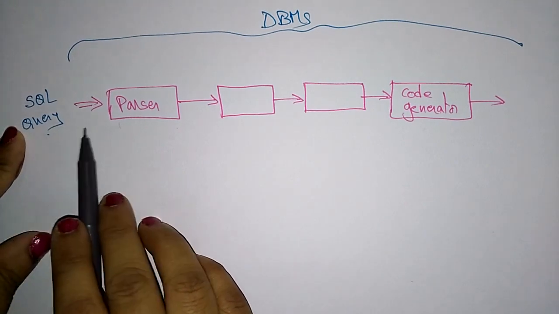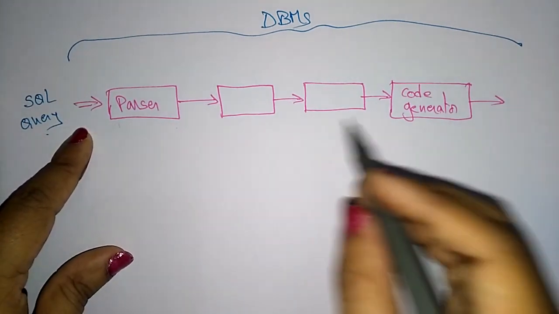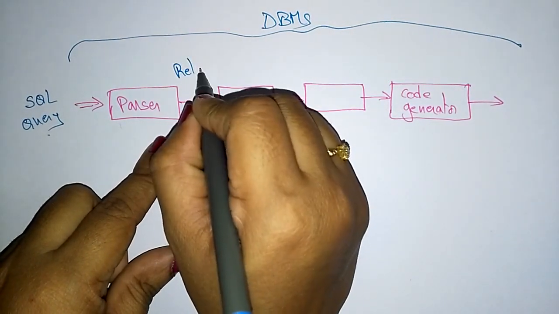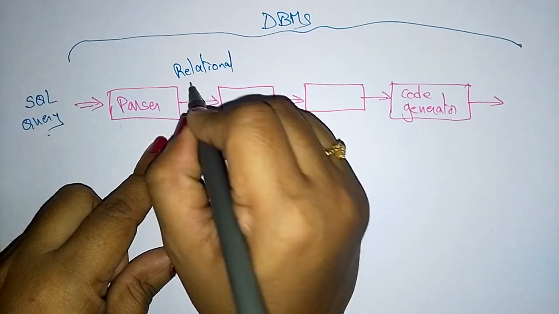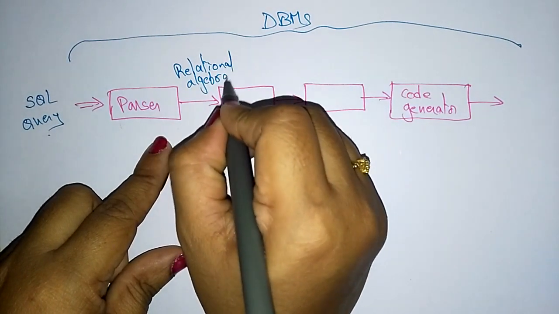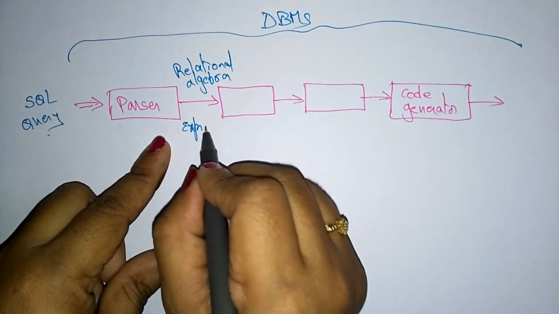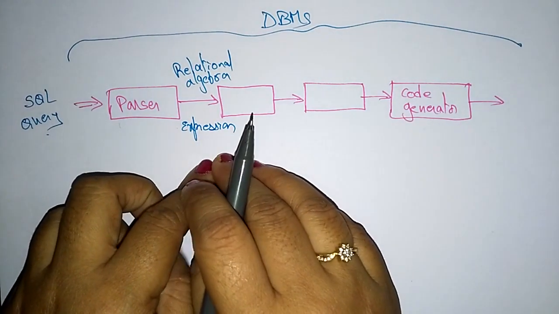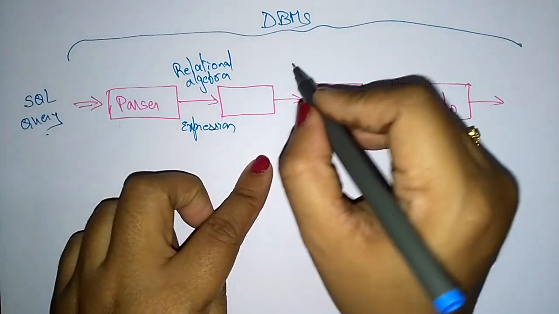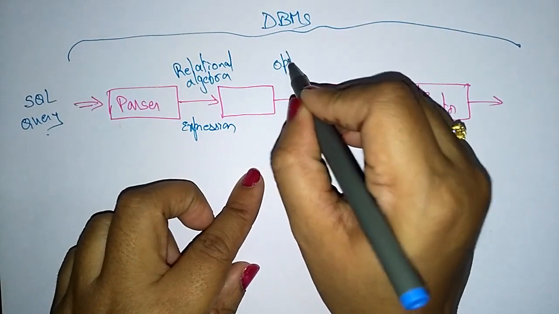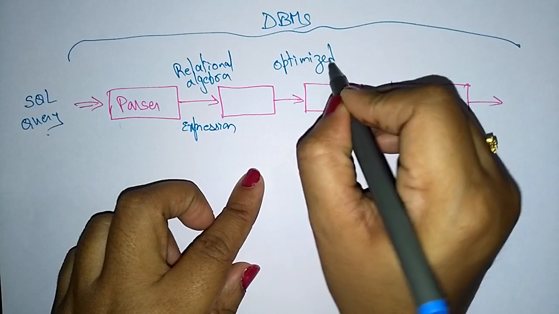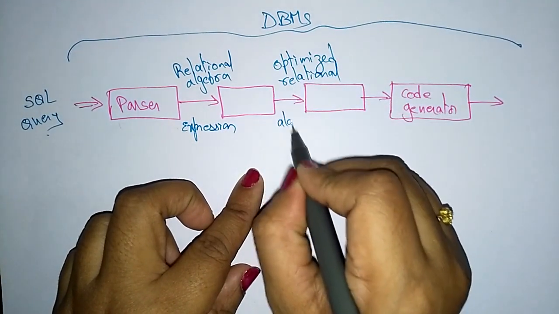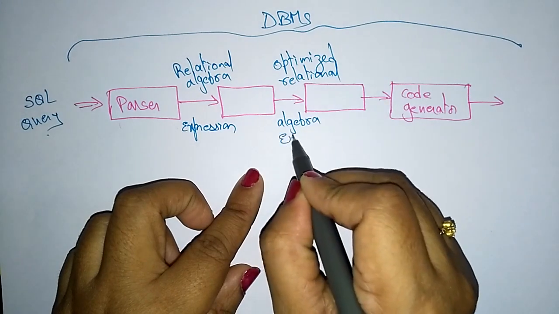The SQL query is given as input, and the parser converts it into a relational algebra expression. Then it becomes an optimized relational algebra expression.